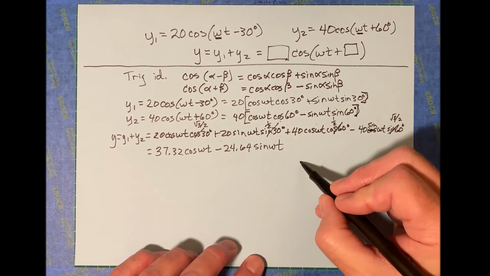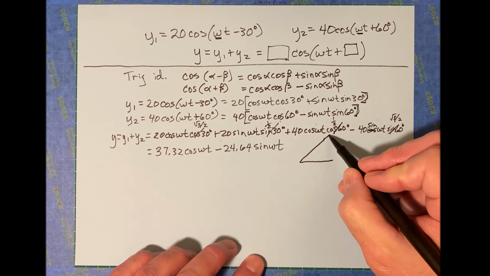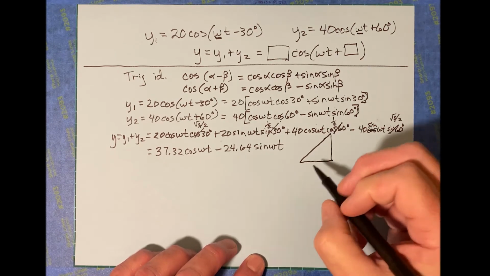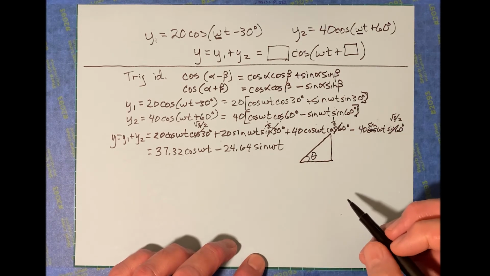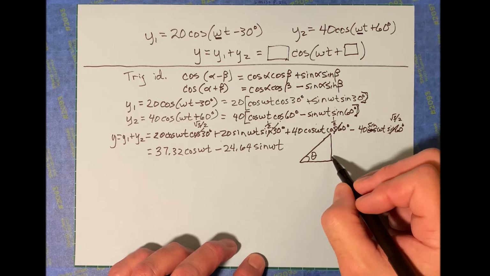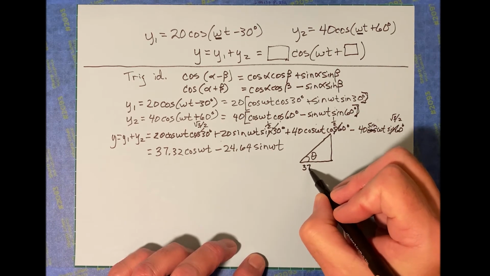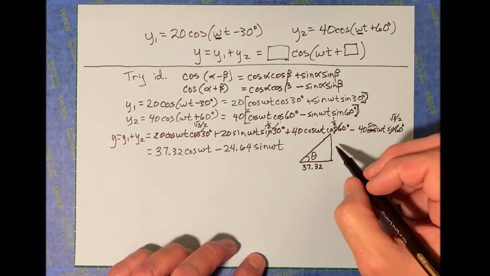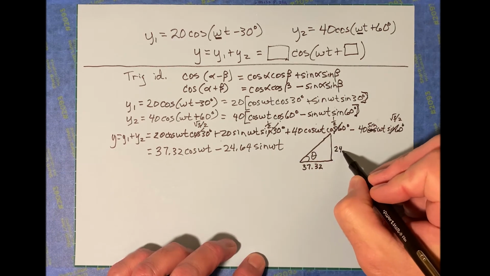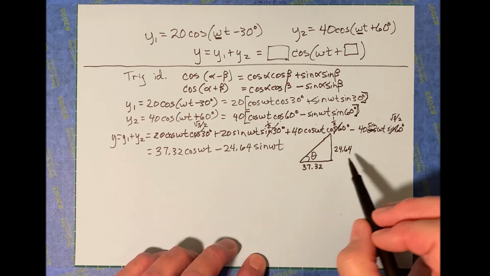All right, now following through from this point forward, I'm going to use a trick. Let's imagine a right triangle with some angle theta, where the sides of this triangle are 37.32 and 24.64.